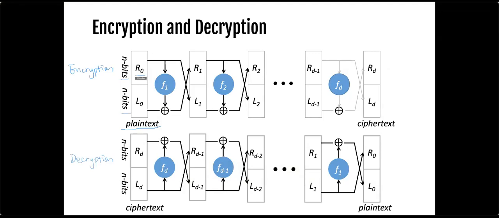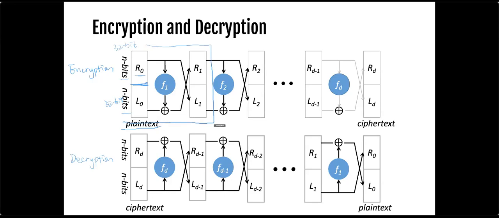The right-hand side of this half plain text contains n bits, and actually it has 28 bits. Sorry, actually it's 32. And the other half also has 32 bits. Then for this half, let's just iterate one round. So looking at this part.